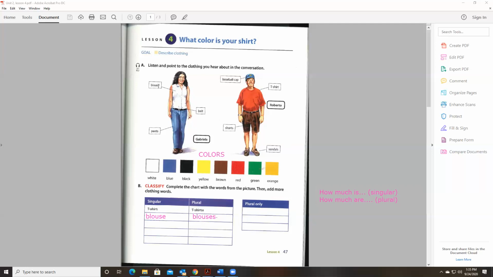Okay, let's look at another clothing article, Gabriela's belt. Is belt singular or plural? It is singular. Now, in order for me to make it plural, all I have to do is add the S. Belts.